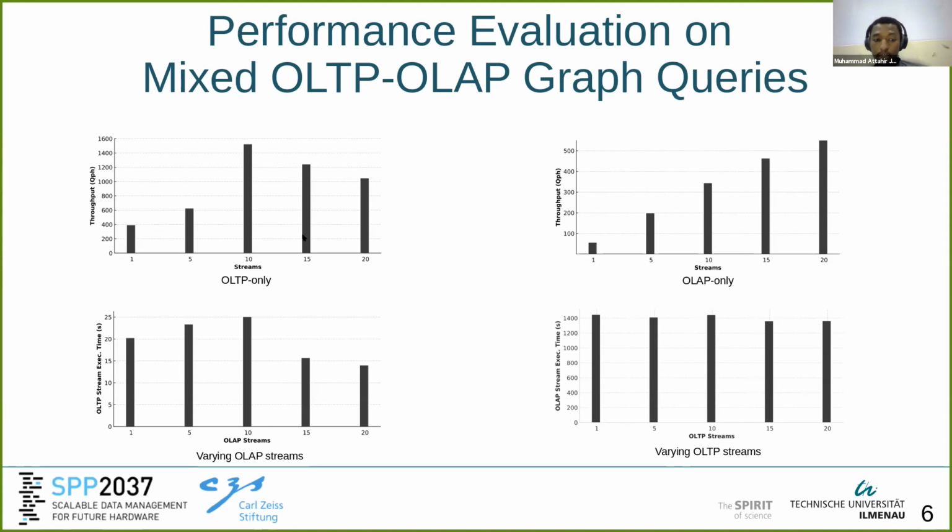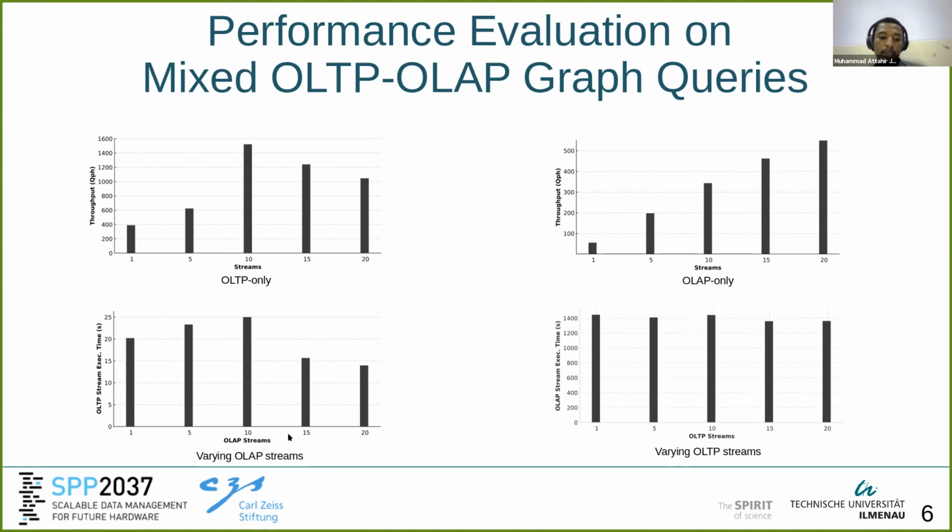The reason for this is abortions of write operations with regards to concurrency control. On the other hand, for OLAP only streams, increasing them largely increases the overall throughput, although the latency of a particular OLAP stream increases, but the overall throughput also increases. This is because there isn't any abort with regards to read-only streams of queries.